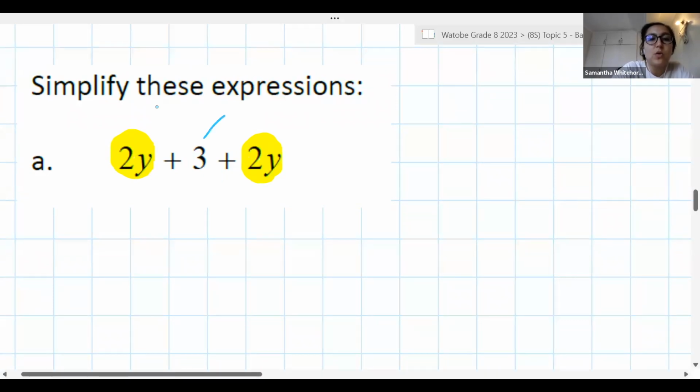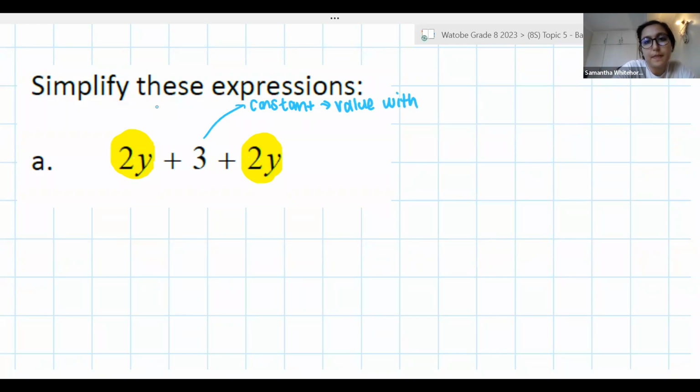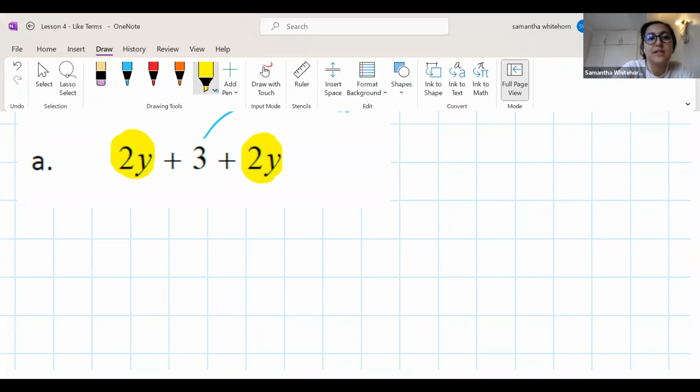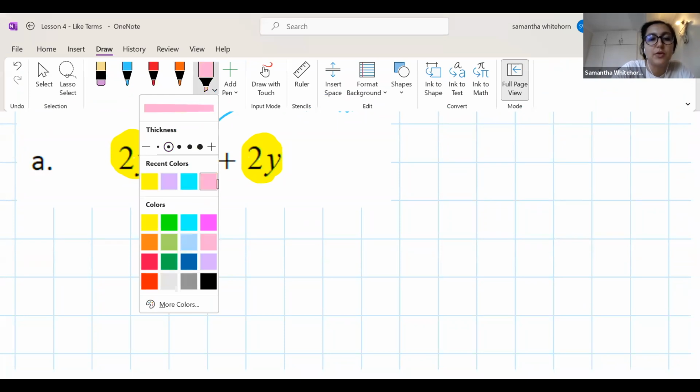This is what we call a constant. And a constant is basically a number without a variable. And now because there's no variable, it therefore cannot be a like term, because remember, like terms have to have the same variable and exponent.